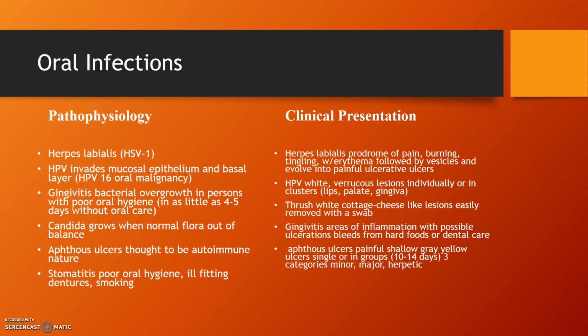Thrush or candida is a white cottage cheese-like lesion. It's easily removed with a swab, but it can bleed after you've removed it.